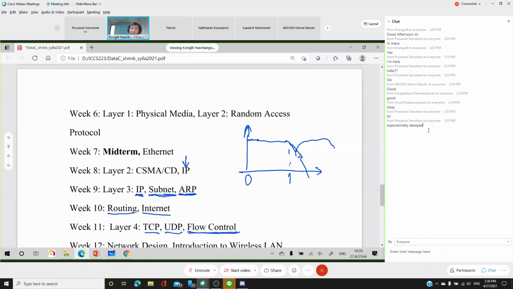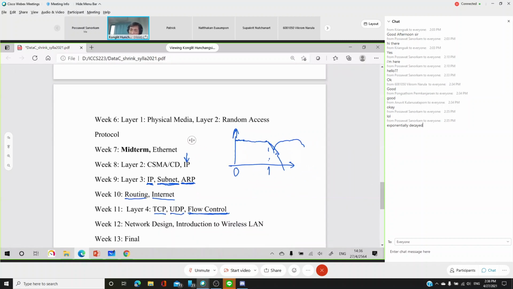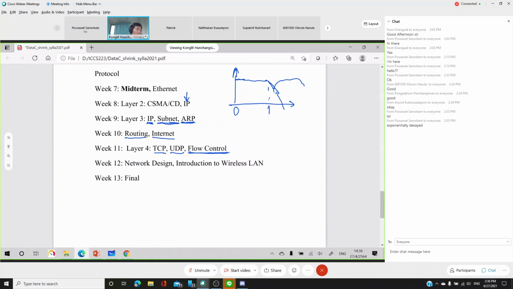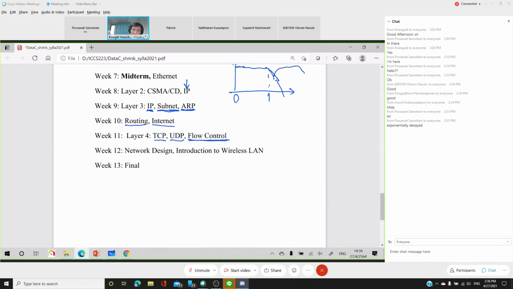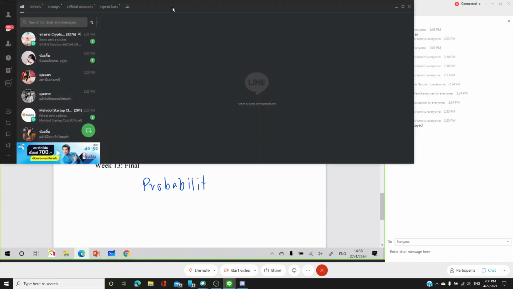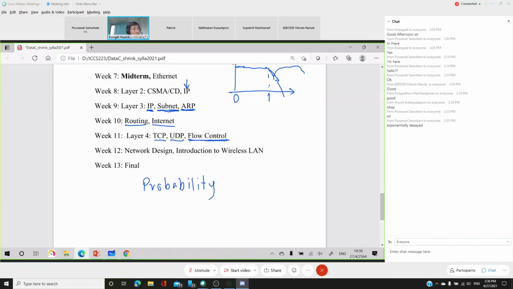Let me tell you, communications and networks in this area have some mathematics, and the mathematics that you're going to see, I would say most of the time, would be probabilities. Have you taken probability before?